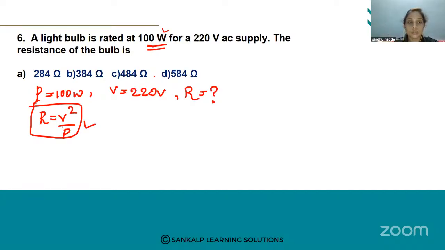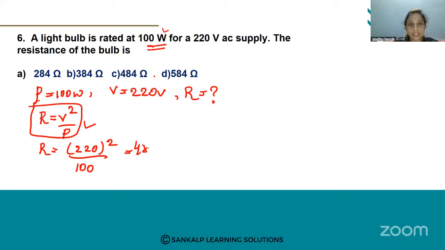R is equal to V square by P. Now substitute the things. Okay, here they give 220. R is equal to 220 square divided by power, which is 100, right? Okay, then what is the answer for 220 square here?